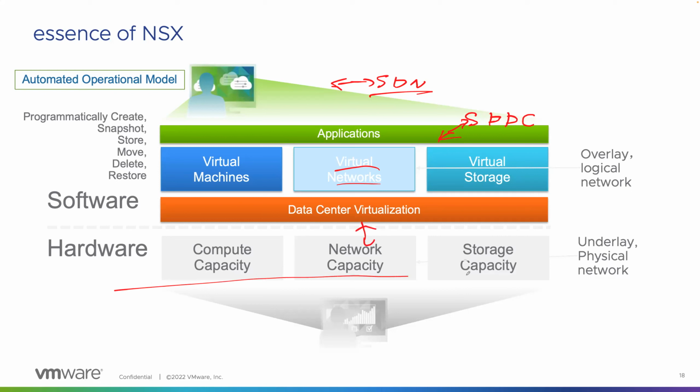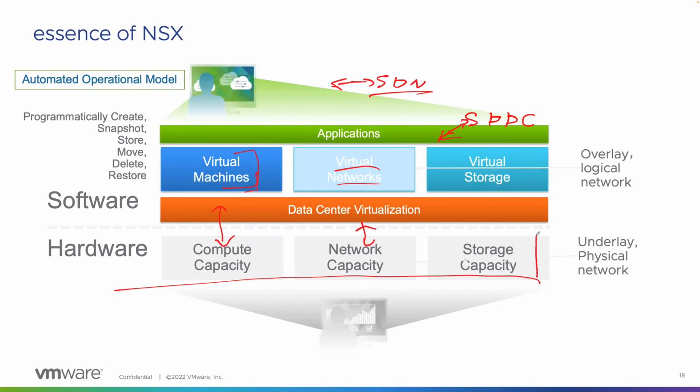So here we have physical everything. We have physical compute, which is server, CPU and memory, that we can leverage by using vSphere. We have virtual machines. We can separate physical CPU and memory into different virtual machines.